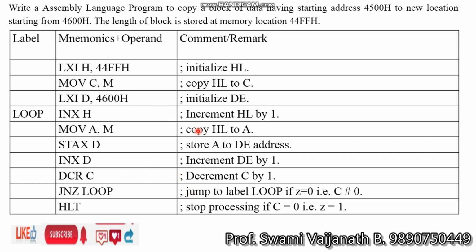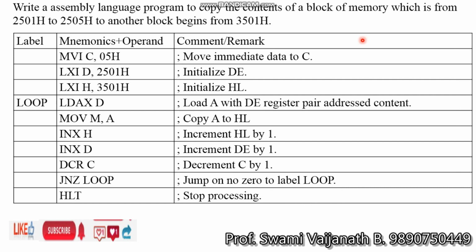So I hope you understand this concept of copying a block given its length. Now we discuss the same program, a copy program in 8085, but with a fixed length from 2501H to 2505H.